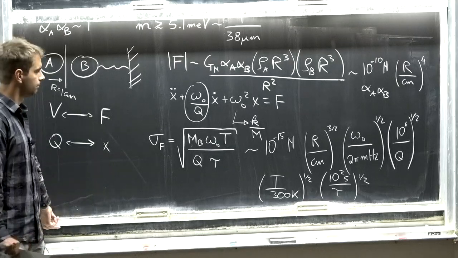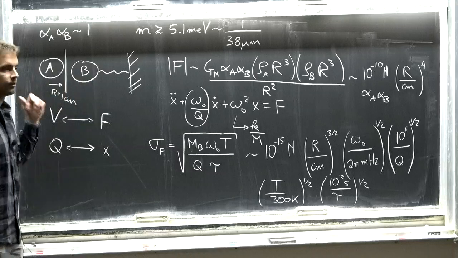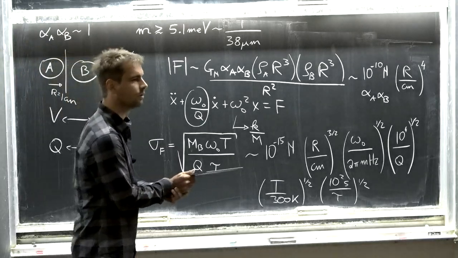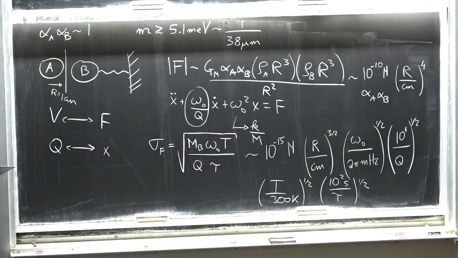Are they macroscopic objects? Yeah, they would just be, let's say, 2 tungsten balls. How do you measure the mass? You don't need to know the mass too precisely.